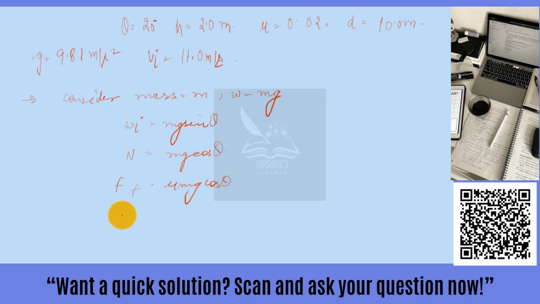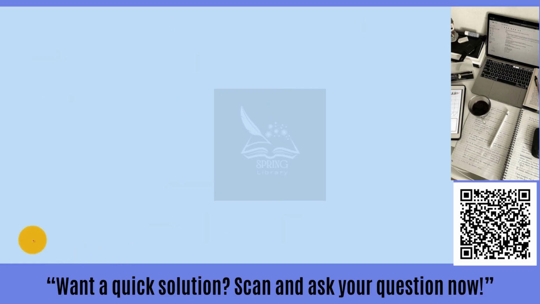Hence the total force acting on the motorbike is capital F equals mg sine of theta plus mu mg cos of theta. So the acceleration of the bike is acceleration a equals force upon m equals g sine of theta plus mu g cos of theta.